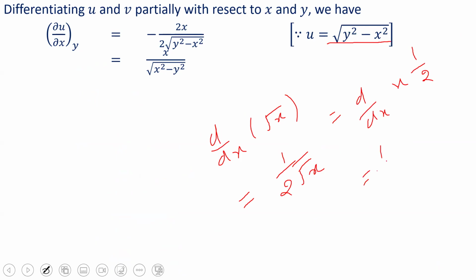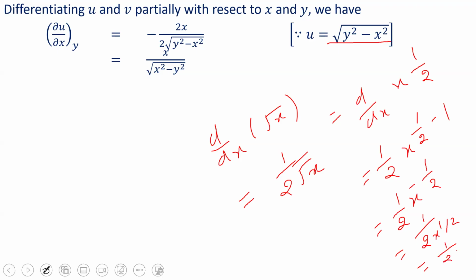And if we find its derivative, 1 upon 2 x to the power 1 by 2 minus 1. So 1 upon 2 x to the power minus half, or we can write 1 upon 2 root x. Right? Same thing.